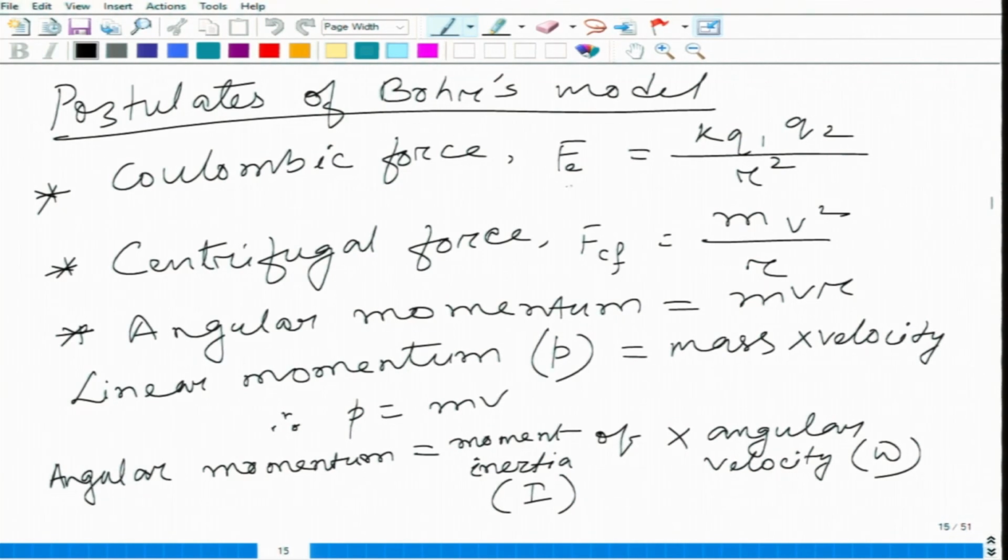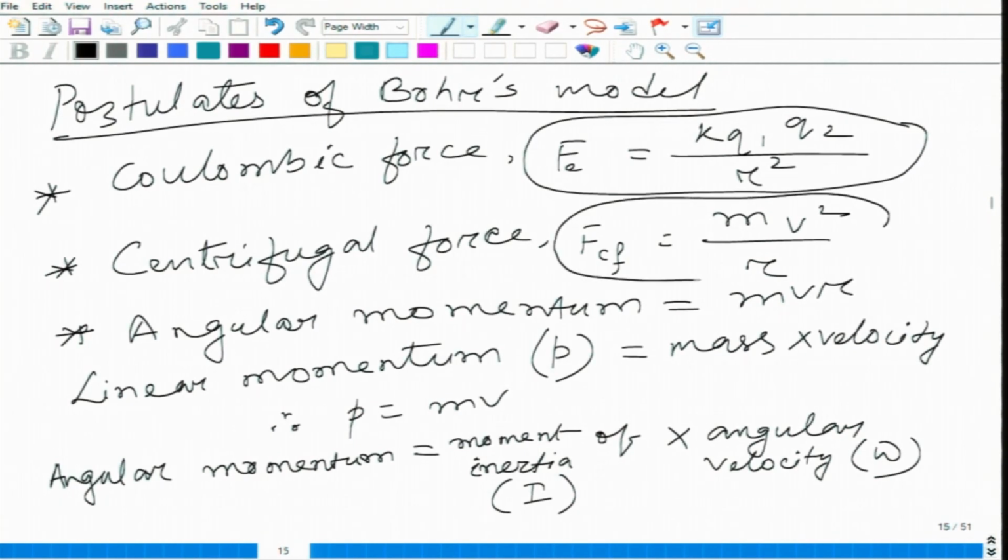One was the Coulombic force Fe equal to kq1 q2 by r square. This formula is required to measure the force of attraction between the electrons and the nucleus of the atom. And the second one is the centrifugal force FCF equal to mv square by r.